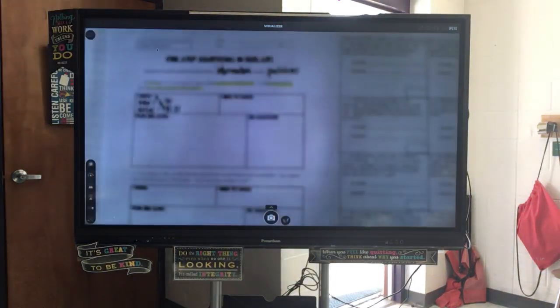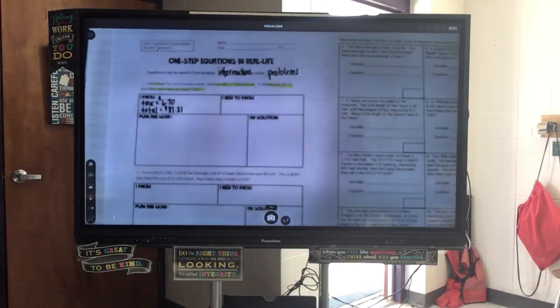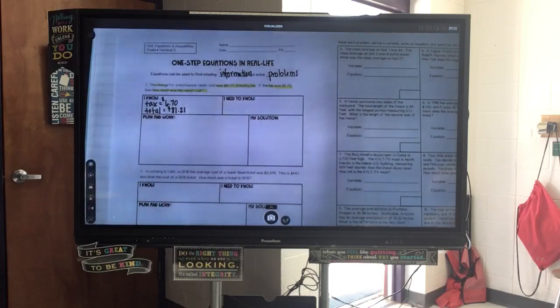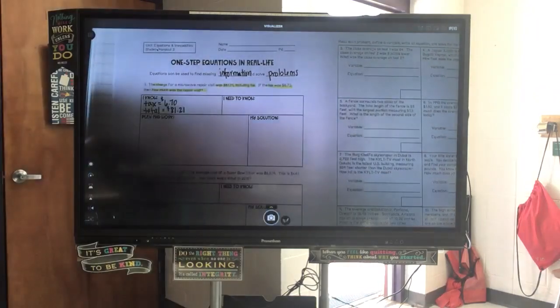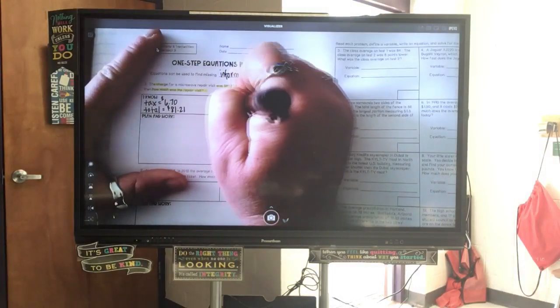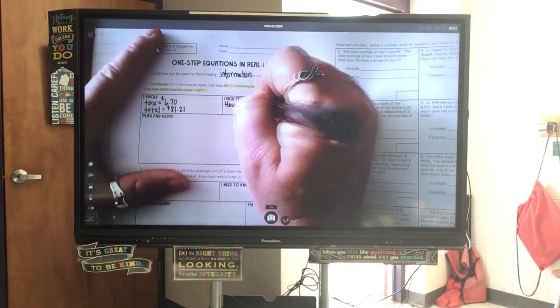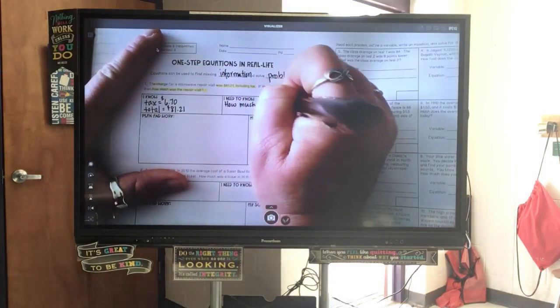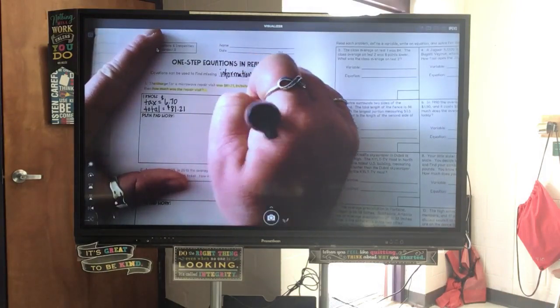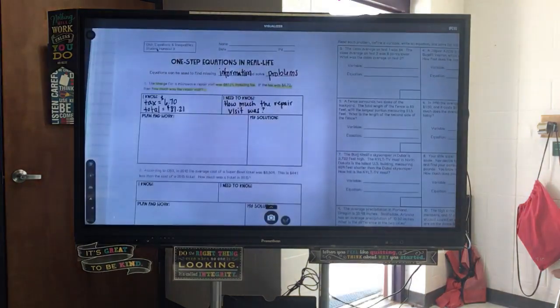Alright, what do we need to know? What are we trying to find out? William? How much the repair visit was? Okay, that is what we are trying to figure out.